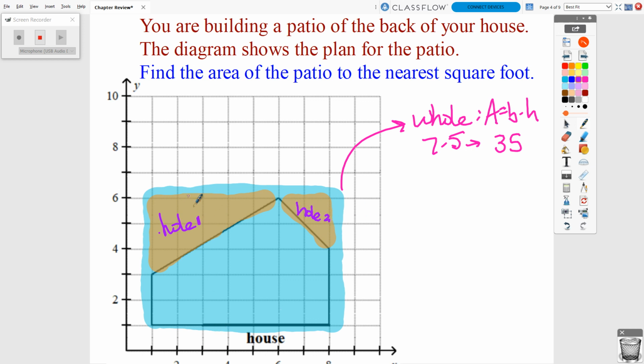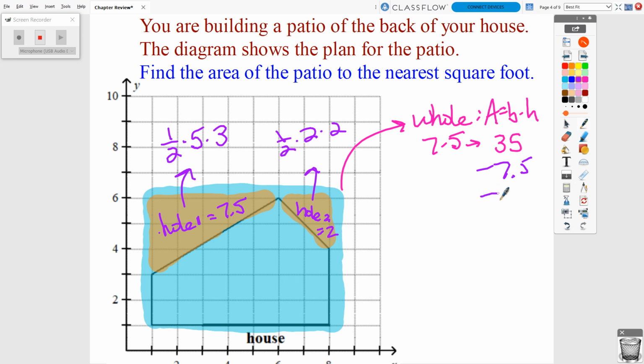Okay, so this is a triangle, so it's 1/2 base. It really doesn't matter which side's the base, but we can just say it's the top here. 1, 2, 3, 4, 5 times the height of 3 that's perpendicular to it. So this has an area of 7.5 that we need to subtract away from our 35. And then this one's going to be 1/2, and its base and height is 2 and 2, so it's got an area of 2.